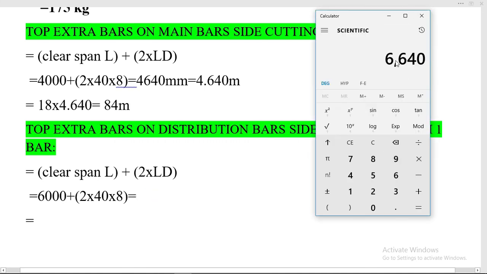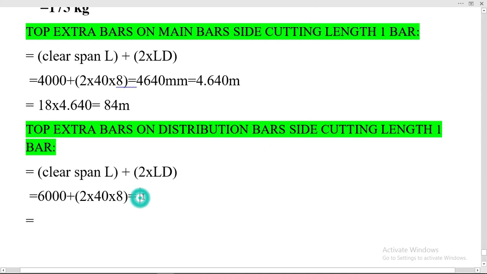Now we calculate the extra bars length on the longer span side. It is 6640 millimeter, and in meter it will be 6.640 meter. To calculate the total cutting length of the top extra bar on the distribution bar side, on the longer span side, we multiply it with the number of bars, which is 14, calculated at the start.